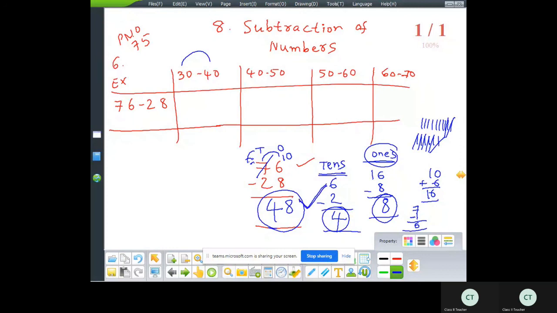It lies between 40 and 50. We put a right symbol. Our correct answer, 76 minus 28, is equal to 48.